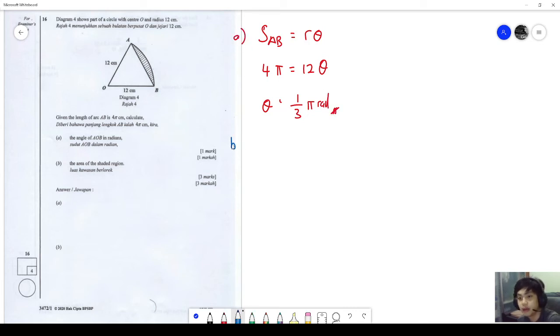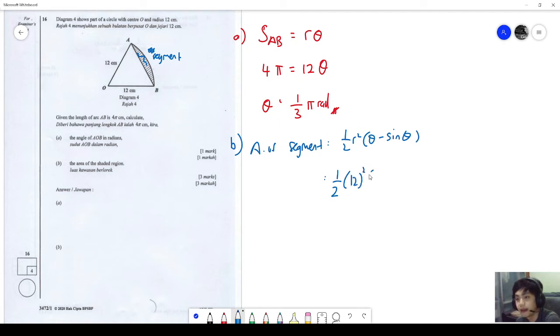So question B, area of the shaded region. This part is actually called the segment. So in other words, we are looking for the area of the segment, which is also provided in a formula: half r squared (θ minus sin θ). So half, your radius is 12 squared and your θ is 1/3 π minus sin 1/3 π.